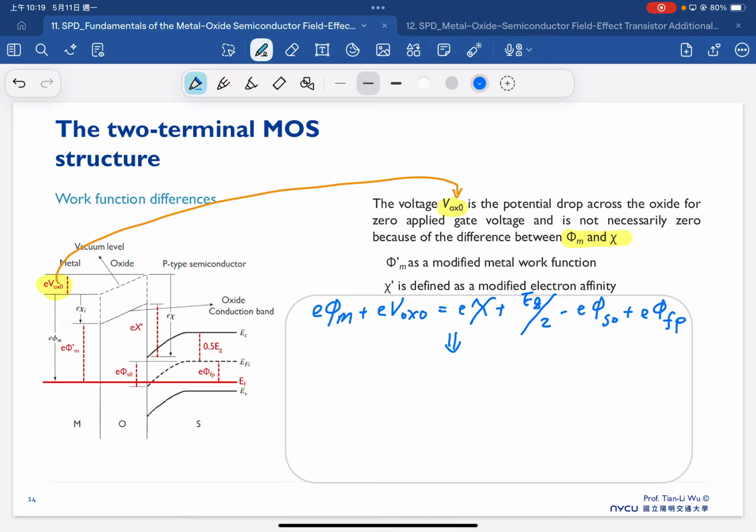So we subtract here. If we do the subtraction, now we have the modified E phi m prime plus E VOX0 equal to E chi prime, and the rest is the same.